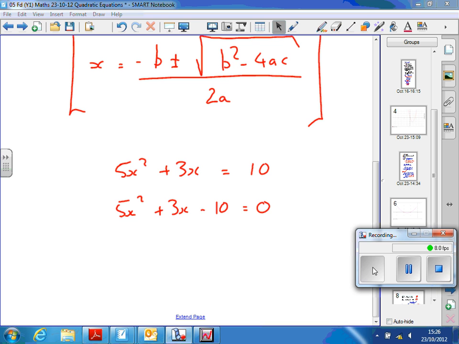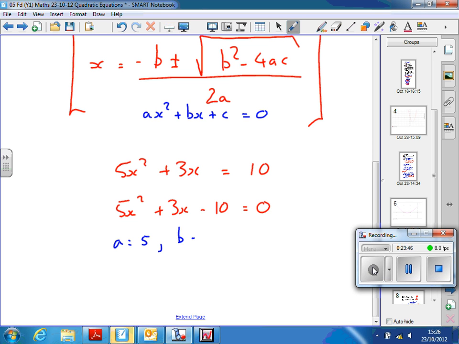The next thing to do is to identify a, b and c, and this formula, the quadratic formula, works for a general quadratic that we've written down already. So it's assuming that a is the coefficient of x squared, b is the coefficient of x, and c is the constant. Yep. So therefore a equals 5, b equals 3, and c equals negative 10.